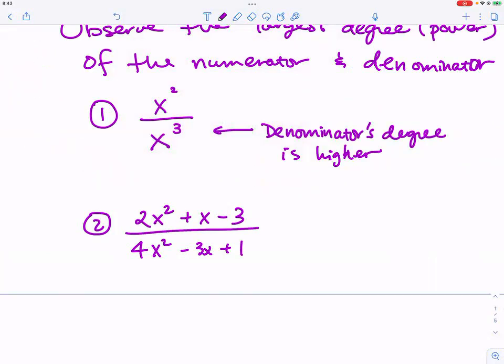And you observe the largest degree, the largest power, on both the numerator and the denominator. In this case, both have the same power, or same degree.